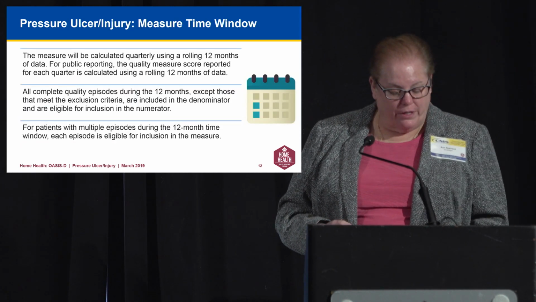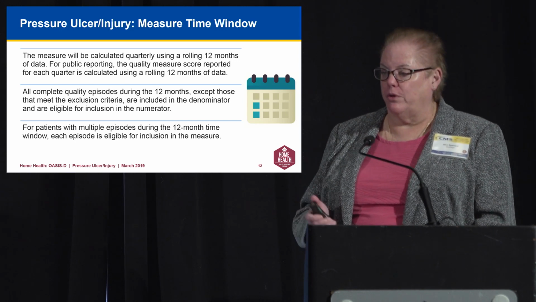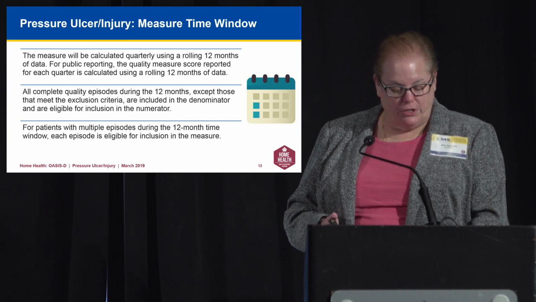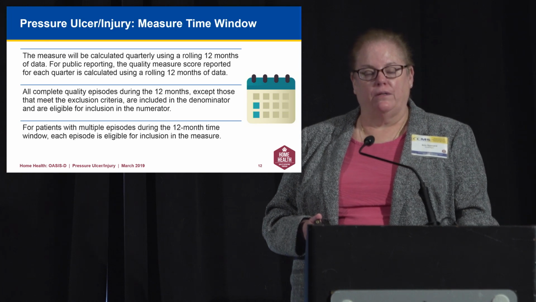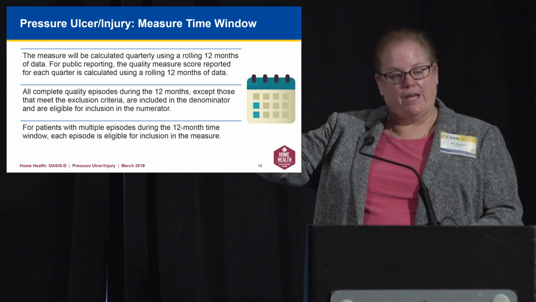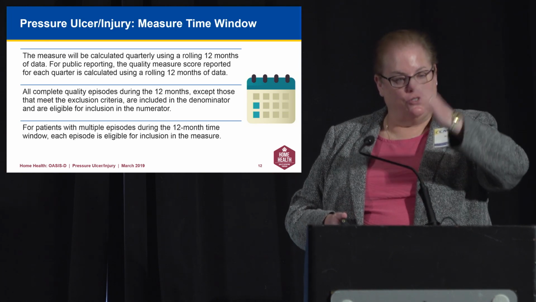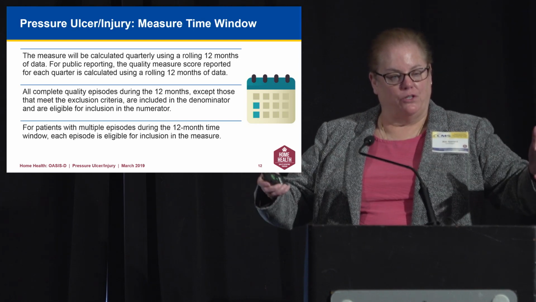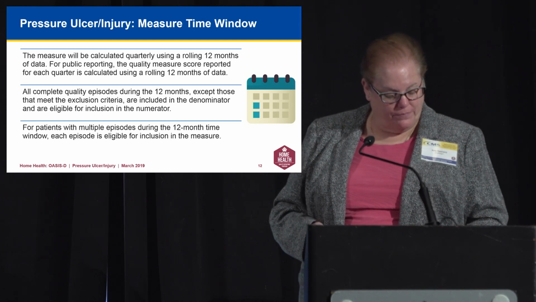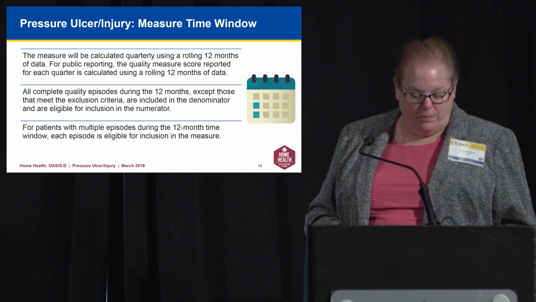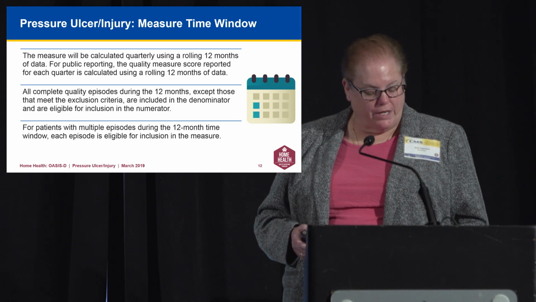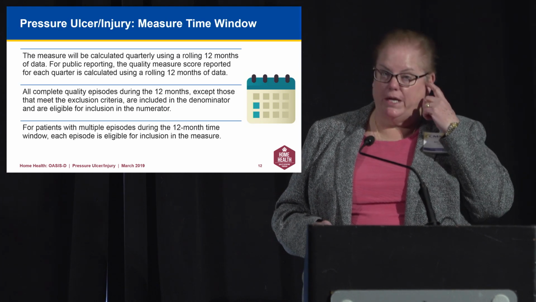The measure will be calculated quarterly, so it's a quarterly calculated measure, using a rolling 12 months of data. So as one quarter ages out and a new quarter comes on, you're constantly getting a 12-month snapshot of time. For public reporting, the quality measure score reported for each quarter is calculated using that rolling 12 months of data.